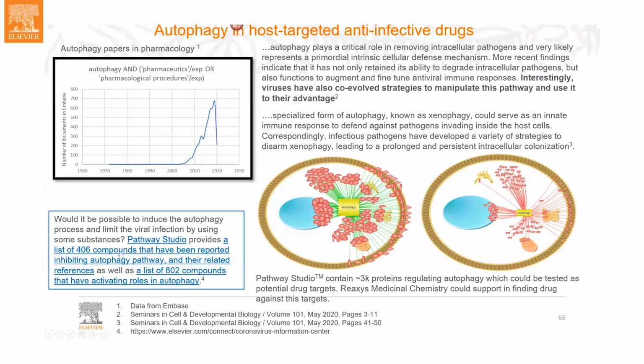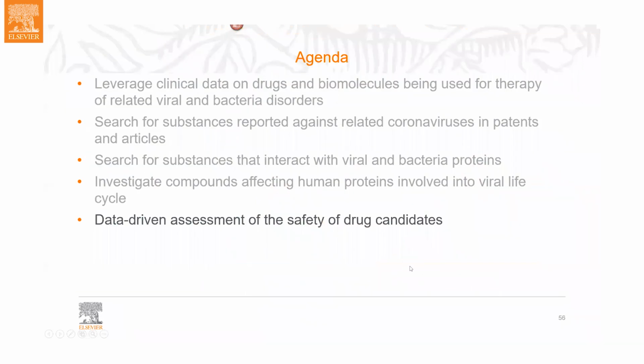From Pathway Studio, we exported 400 compounds which inhibit autophagy and 800 compounds which activate autophagy. These compounds should be available by these links, and you can download them freely from the Elsevier website.